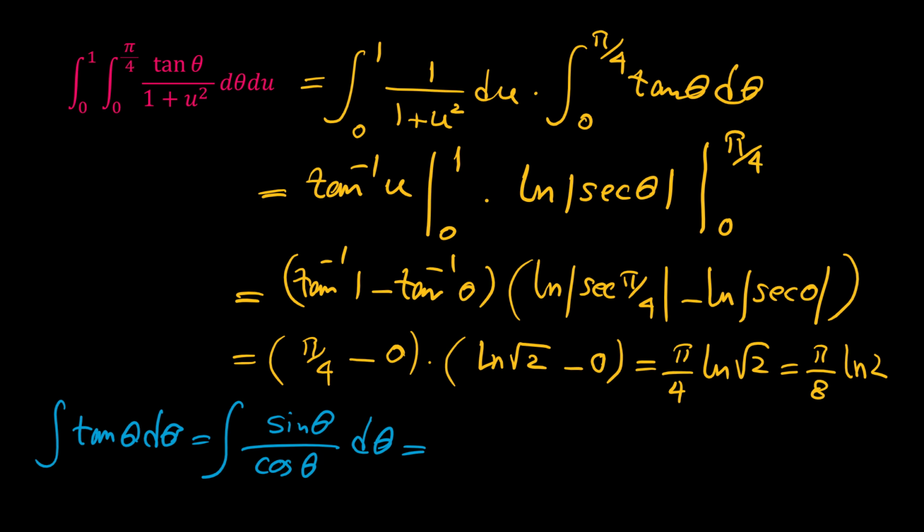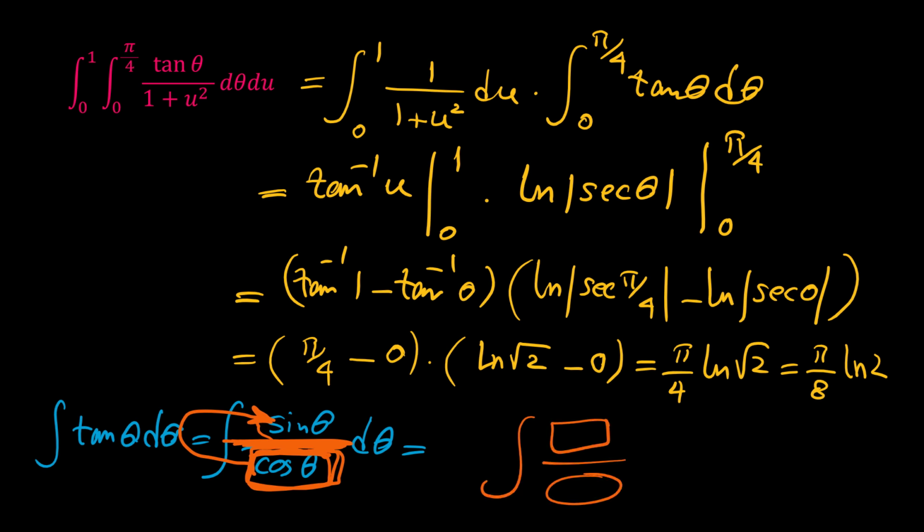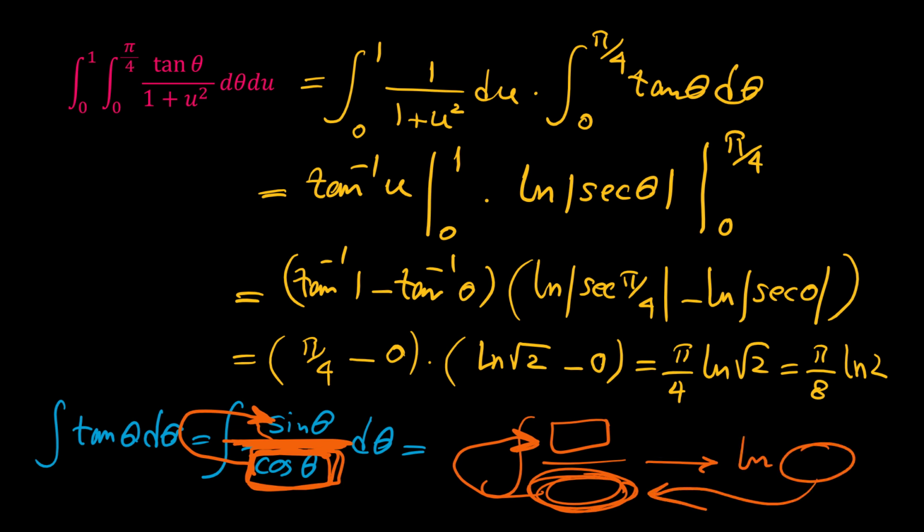Whenever we have a fraction, this is a very useful thing to know: if the expression in the denominator has its derivative in the numerator, then the integral of this expression is ln of the denominator.